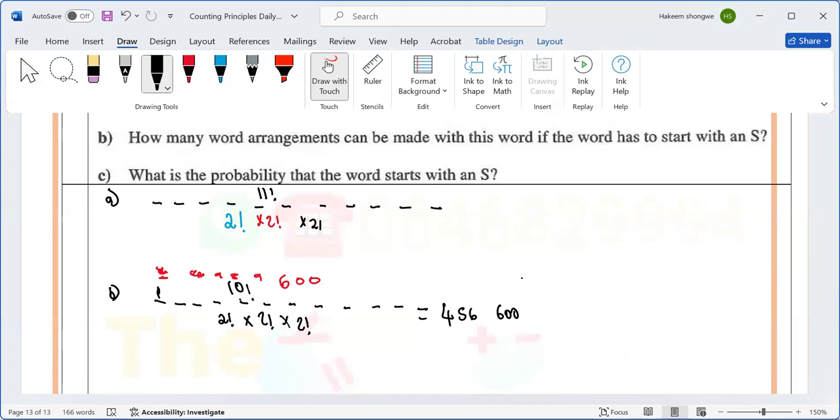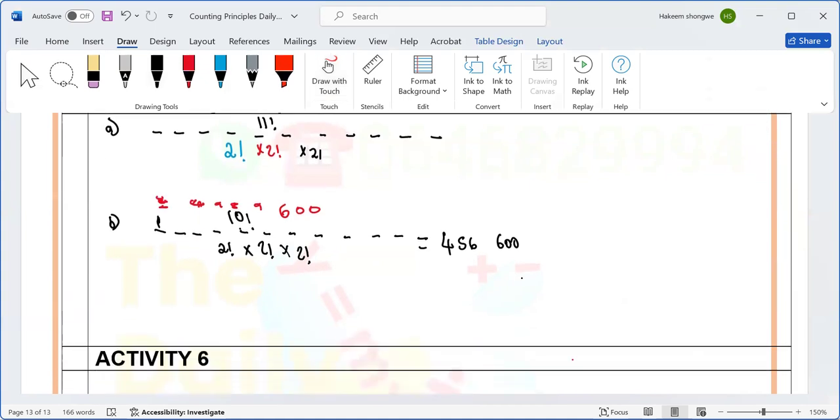Number C: what is the probability that the word will start with an S? Okay, it's simple.